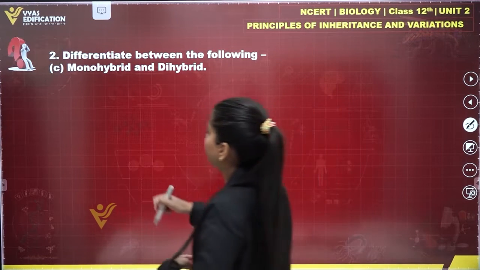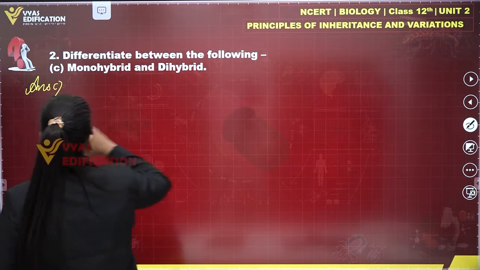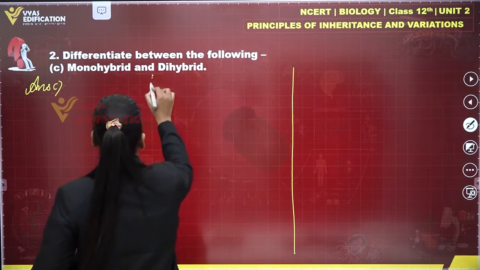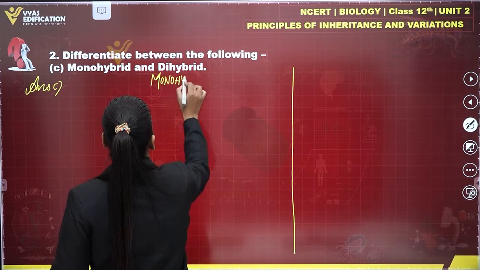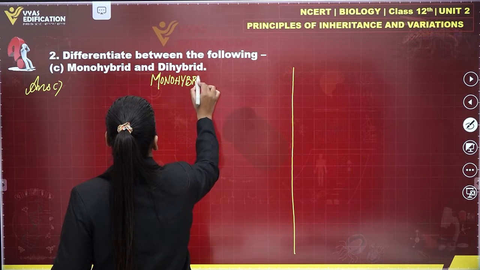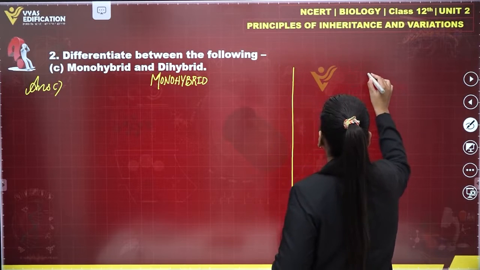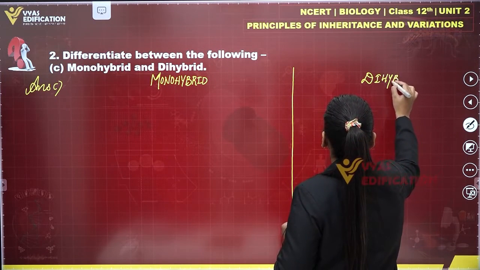Now we are going to write the differences between monohybrid and dihybrid over the screen. In the left column, we are going to write about the monohybrid, and on the right, dihybrid. Both these are crosses.